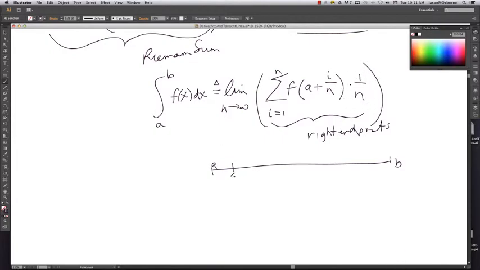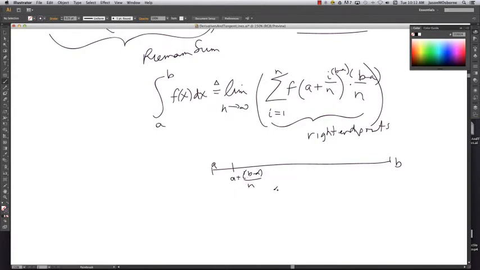So if I go here one step away, this would be a plus, oh sorry, b minus a over n. I should put a b minus a over n. And this should be an i times b minus a over n. So if you go b minus a over n, that's your little step size.